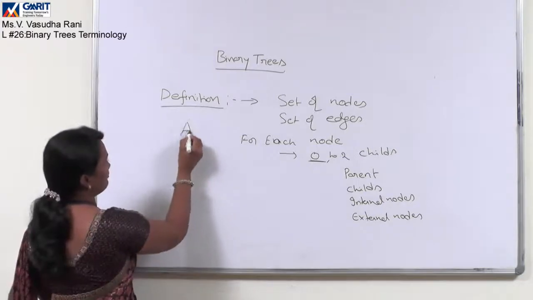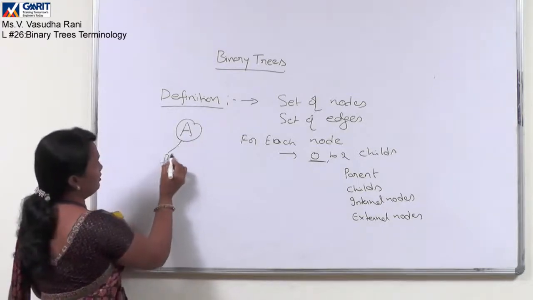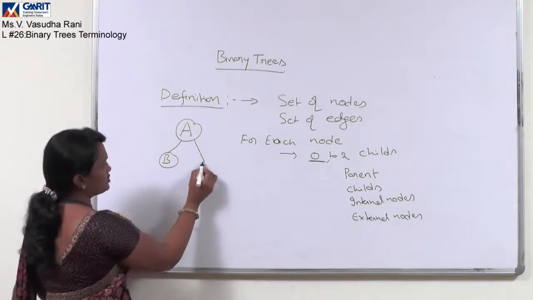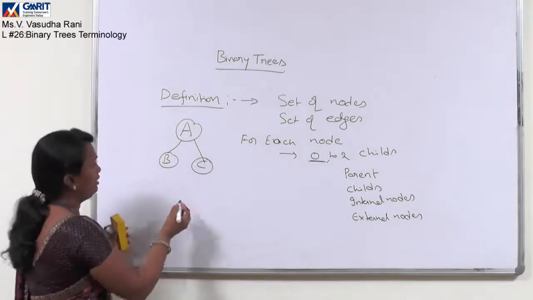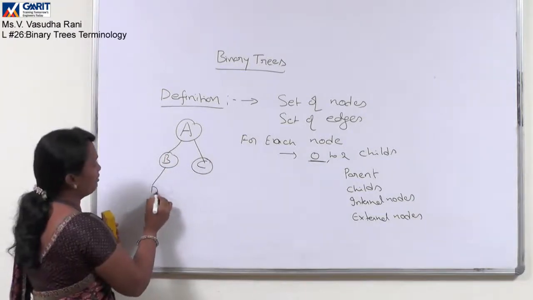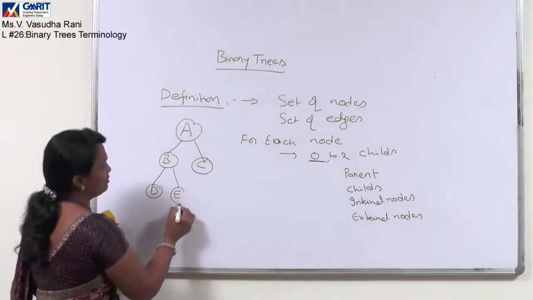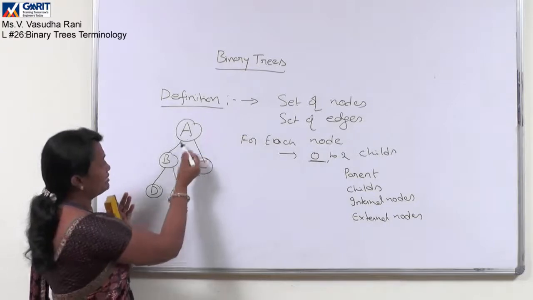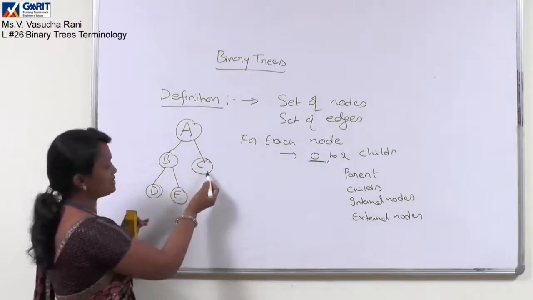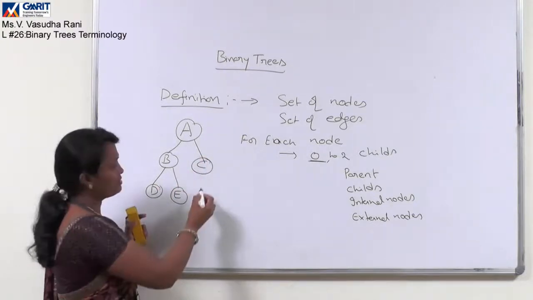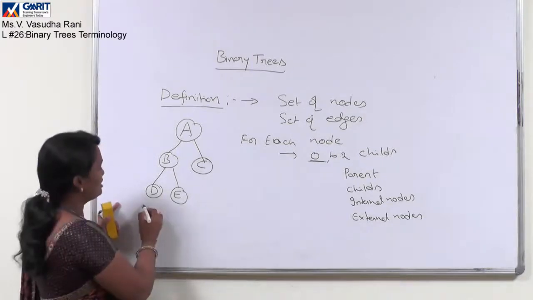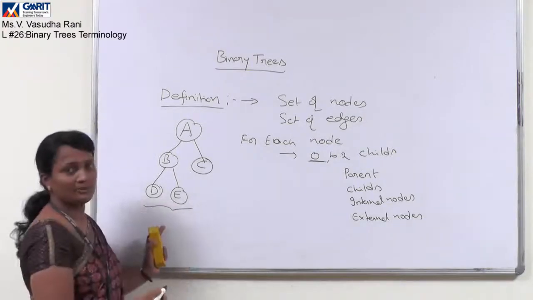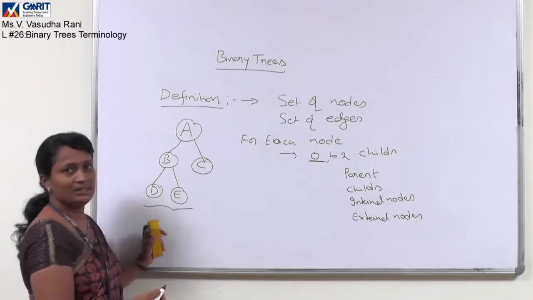You can have a root node like A, and it has 2 childs, B and C, and B can again have 2 childs, D and E. This can be a binary tree because here A has 2 childs and B has 2 childs and C has no childs. It is 0 childs.